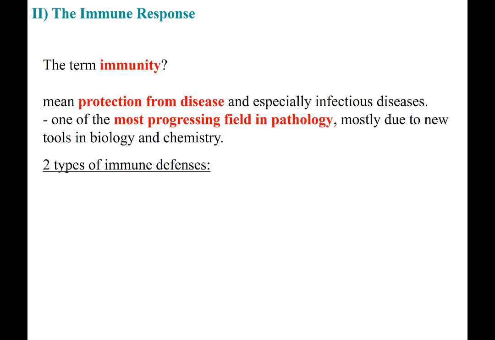And the word disease is important. It means that you are not really protected against infection. You are protected against disease, which means you can be infected, but the infection is not going to develop into a disease. It's a very important field in pathology and in medicine in general.